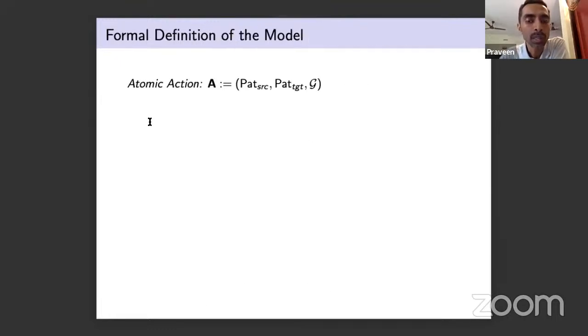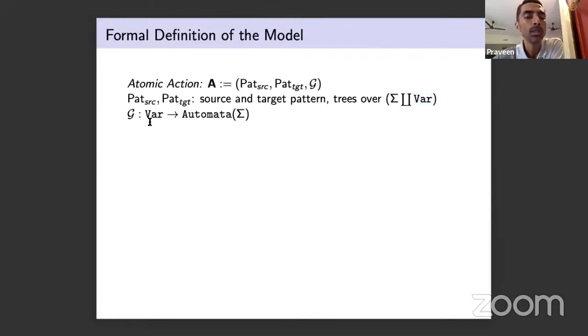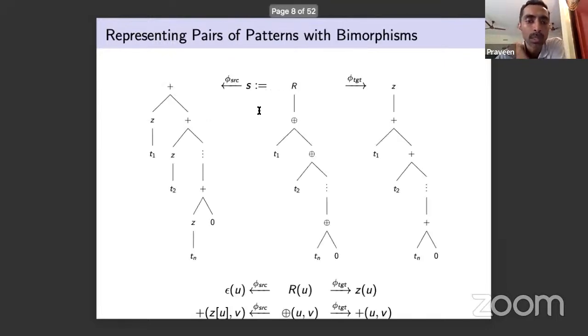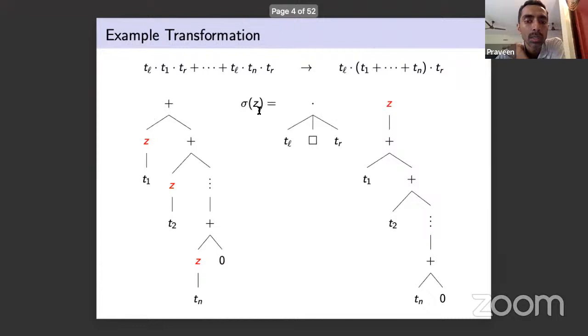And then we have this guard G, which is actually a function from the set of variables to tree automata over this finite alphabet sigma. So we have this guard function to ensure that the variables that are being substituted are substituted only with some sensible trees. Here, for example, we want to substitute Z with some term like this, where there is a hole in the center and there is a left term and there is a right term.